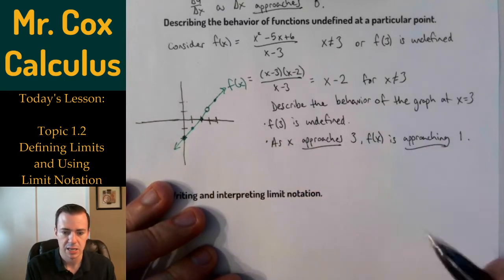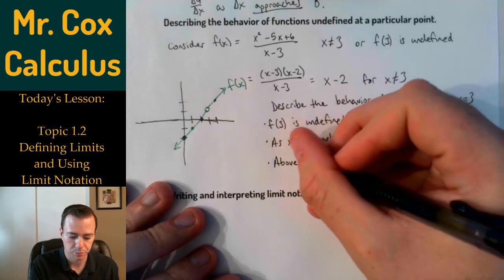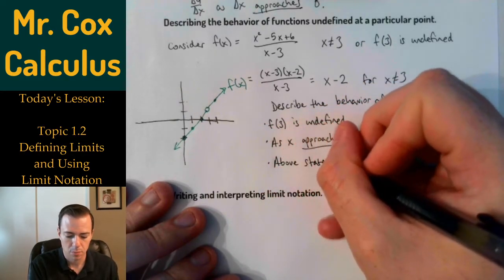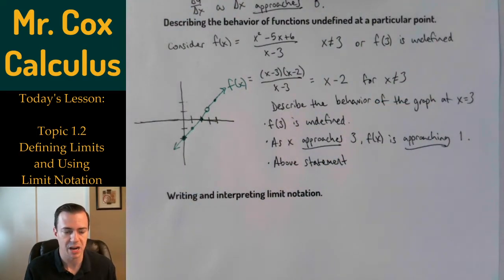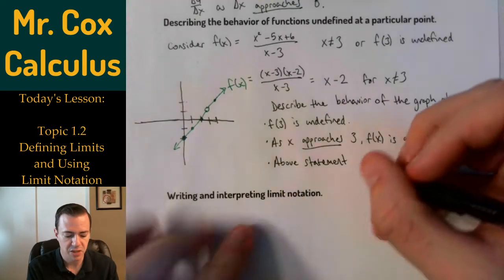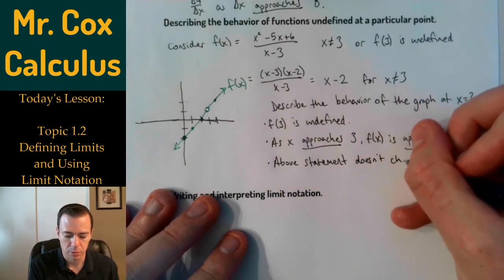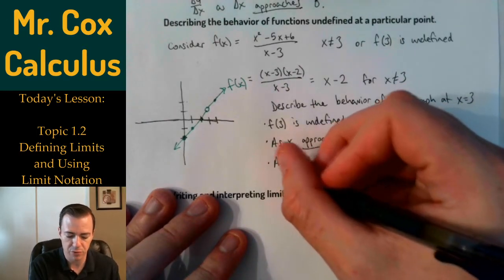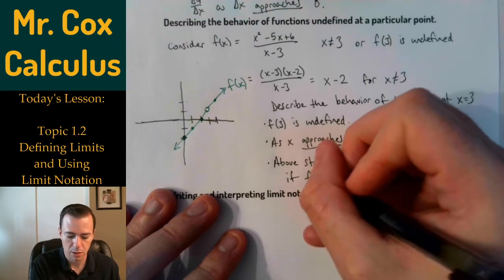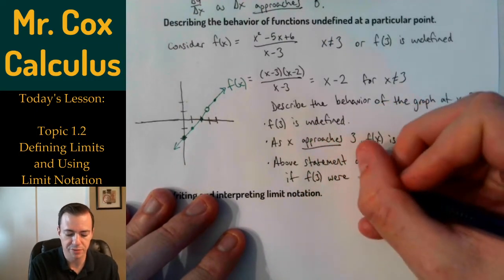And the above statement, which is going to be really important, and we're going to put some notation behind that statement in a moment, doesn't change even if f of 3 were to be defined.